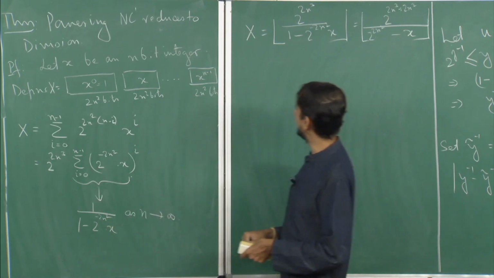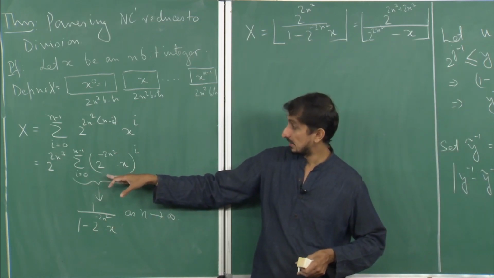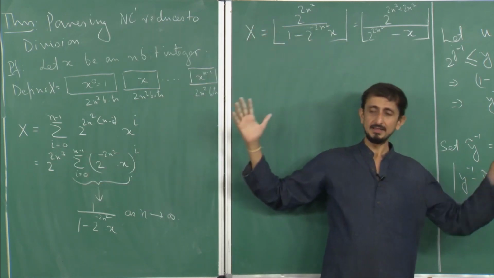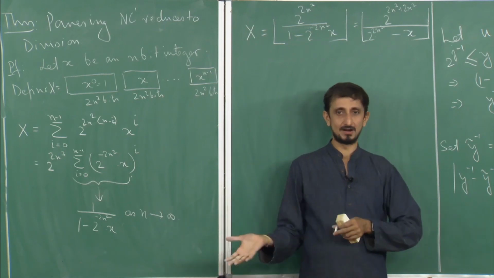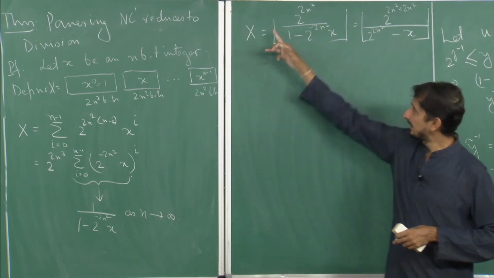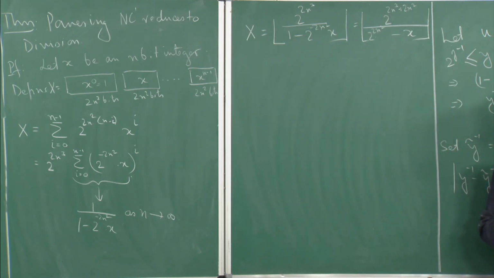You can show that those additional terms, from i equal to n up to infinity, have a total summation less than 1. Because that quantity is less than 1, I can take the floor and this will be my x.